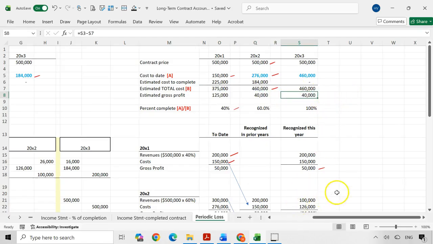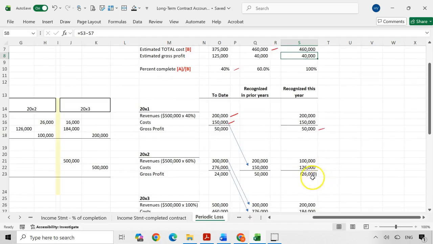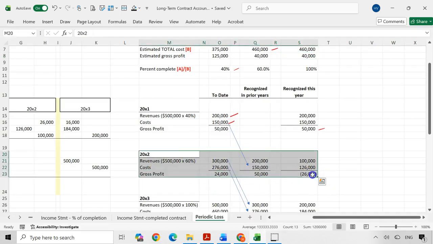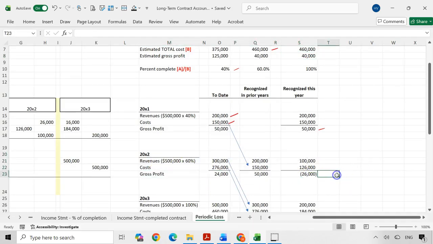However, in this situation, in year 20X2, we had to record a gross loss, not a gross profit. And so you just do that during the year that it occurs, because overall the project is still estimated to be profitable.